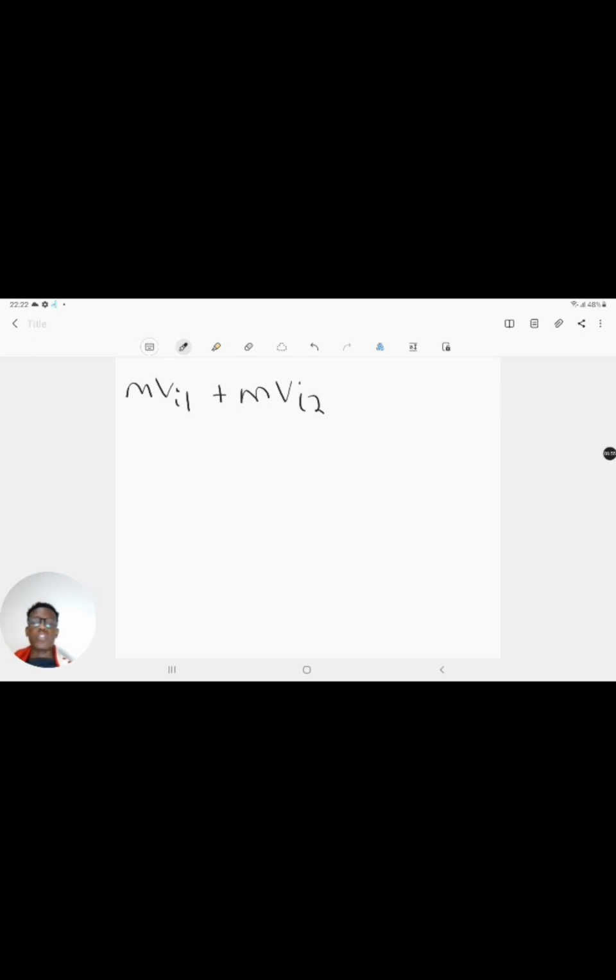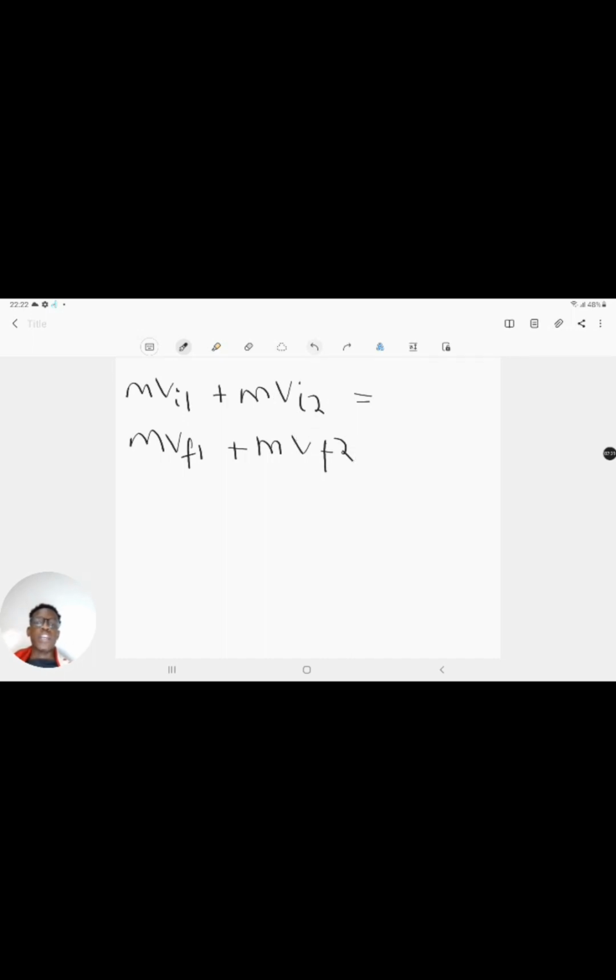This is what we've been asked to calculate. It's our unknown, right? All of that is equal to the mass times the final velocity of ball number 1, which was given in the question, plus the mass of ball number 2 times the final velocity of ball number 2, which we don't have. So we have two unknowns, this unknown and that unknown.